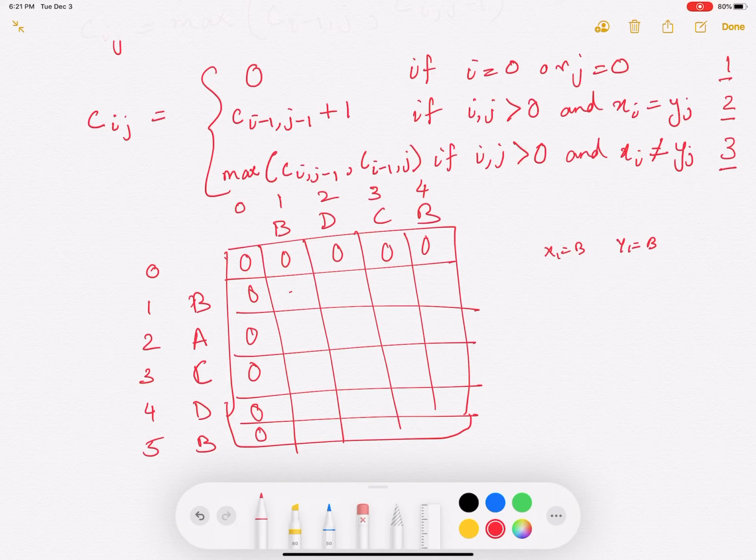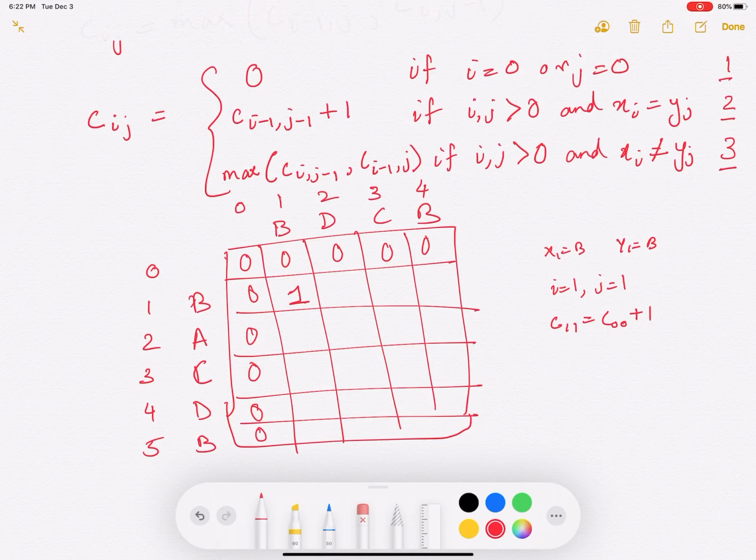We add 1 to C of i minus 1, j minus 1. Here i equals 1 and j equals 1, so C of i minus 1, j minus 1 will give us zeros. So C11 will be C00 plus 1, and you put a 1 in here.